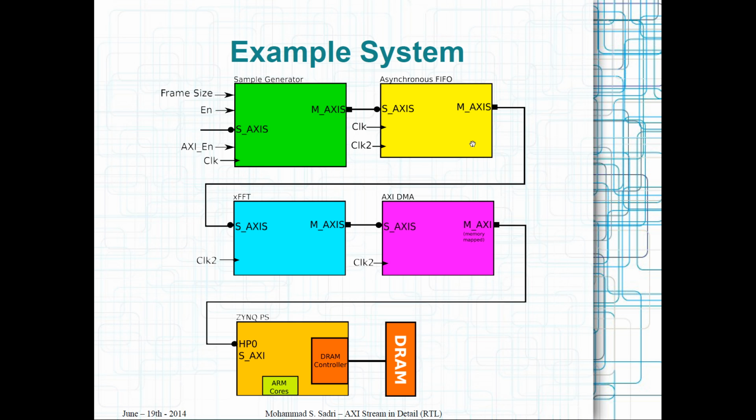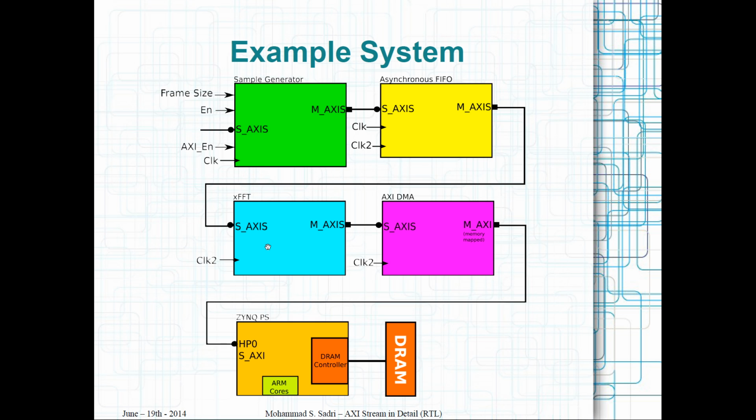Then the output of the asynchronous FIFO is connected to an AXI FFT module, which is again a ZYNQ block. So this asynchronous FIFO and this FFT module are all ZYNQ blocks, and this is the only block that we have created ourselves.